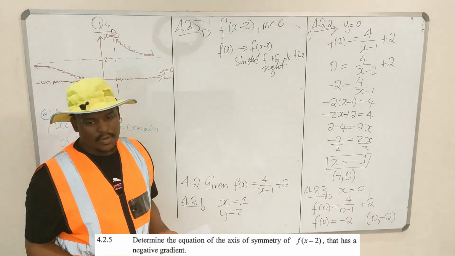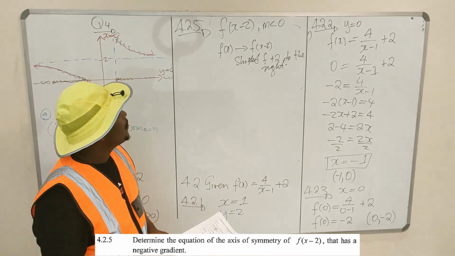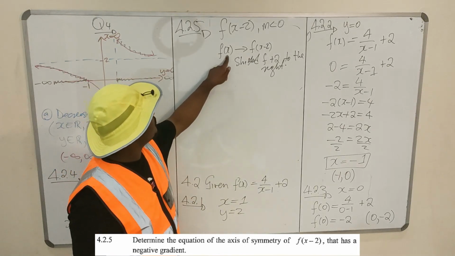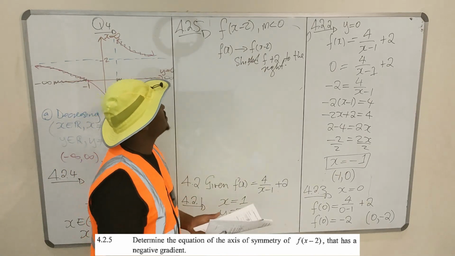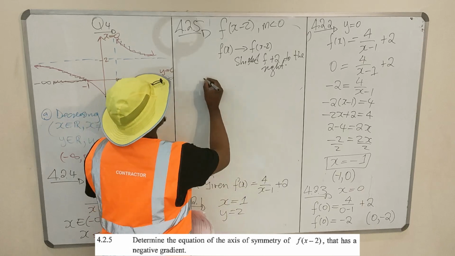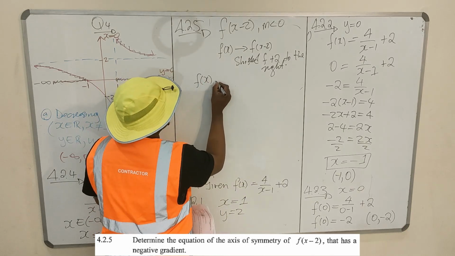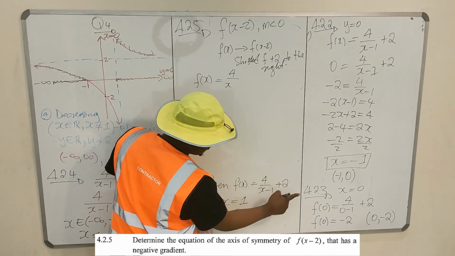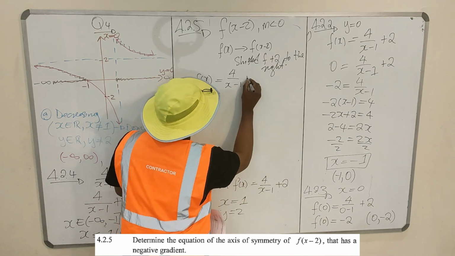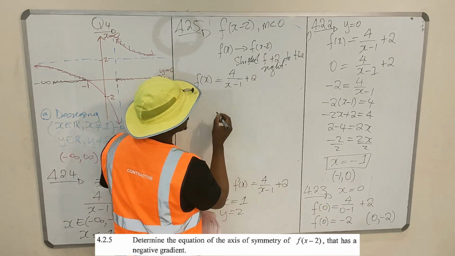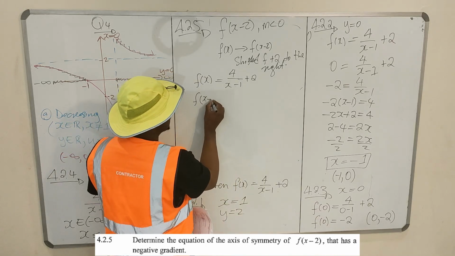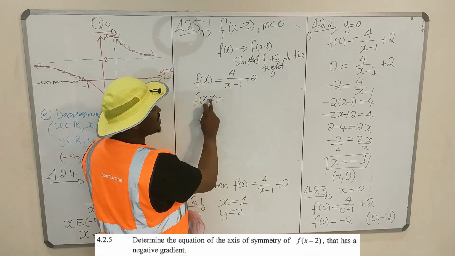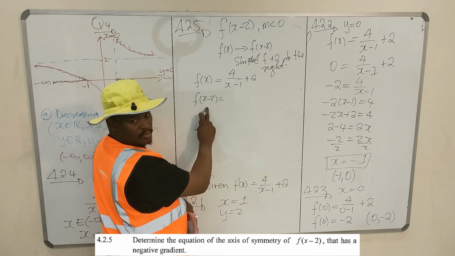You can do it the easy way or the hard way. If you move from f to that, what that means is f of x is equal to 4 over x minus 1 plus 2, right? Yes. So if you want f at x minus 2, where you see your x, you substitute x minus 2.